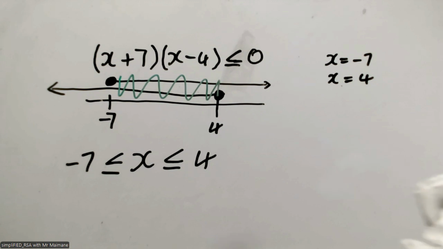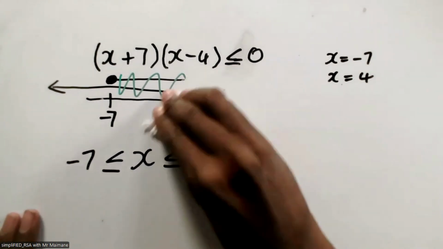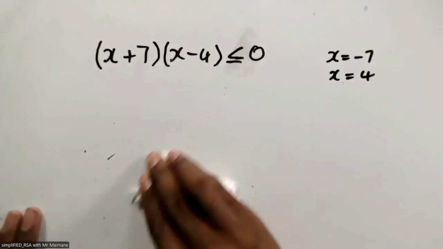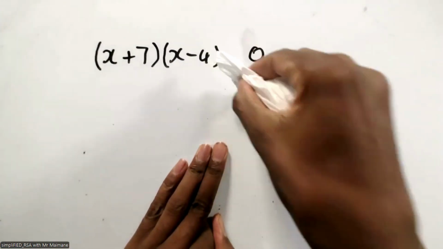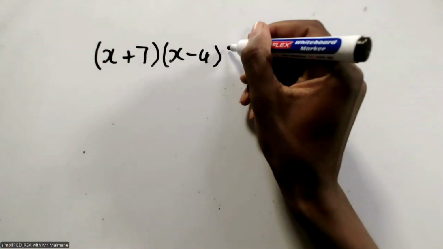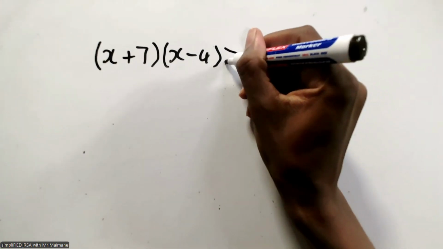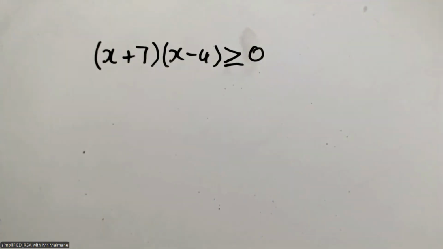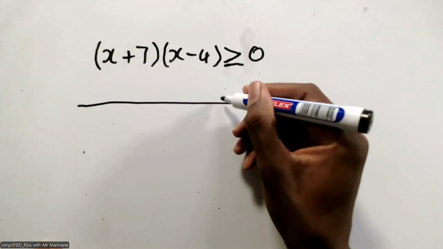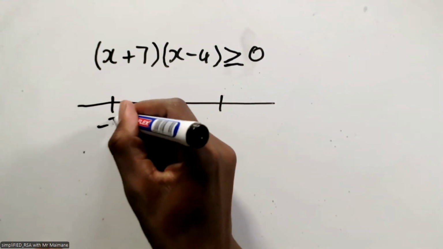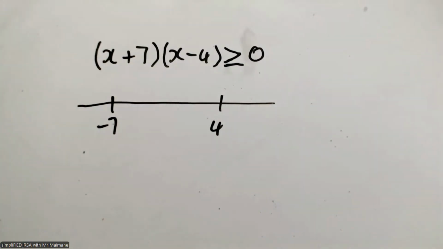Let's try another example. Suppose now, in a perfect world, instead of having a less than or equals to, suppose now this was greater or equals to, right? Again, I show my values in a number line. In a number line, I still have -7 and 4.